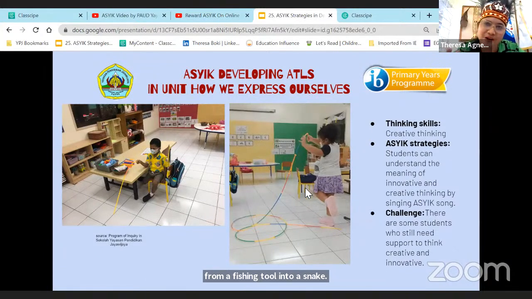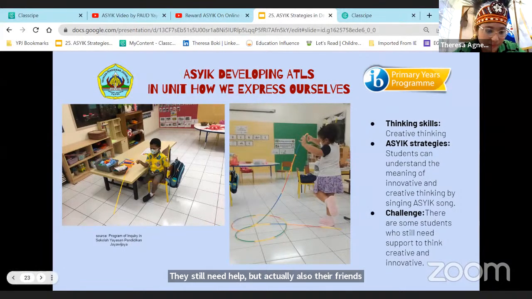"What if this fishing tool could be a snake, Miss, from a pipe?" But others still need support from the teachers for thinking creatively. They still need help, but actually their friends also help them.